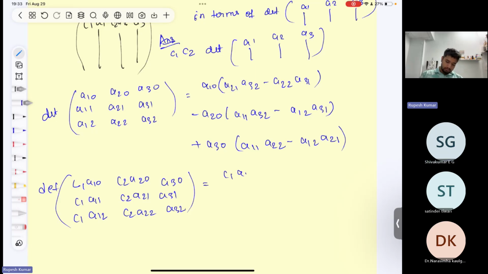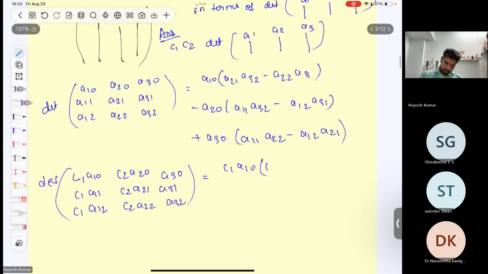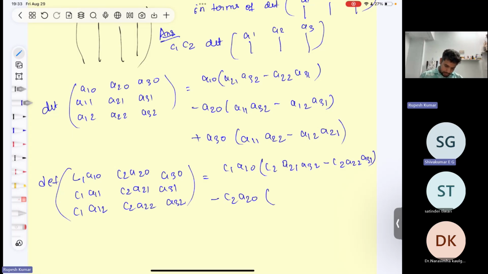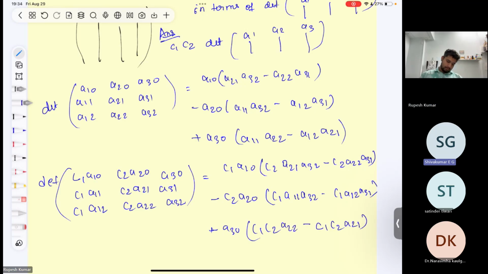This is again C1 A10 multiplied by C2 A21 A32 minus C2 A22 A31, minus C2 A20 into C1 A11 A32 minus C1 A12 A31, plus A30 into C1 C2 A22 A11 minus C1 C2 A12 A21.